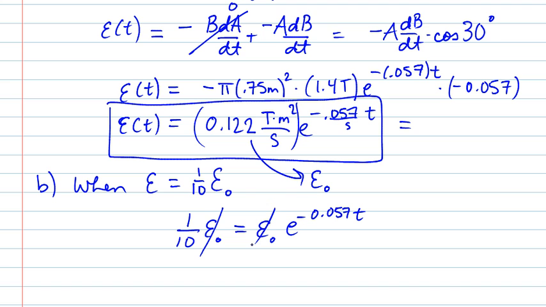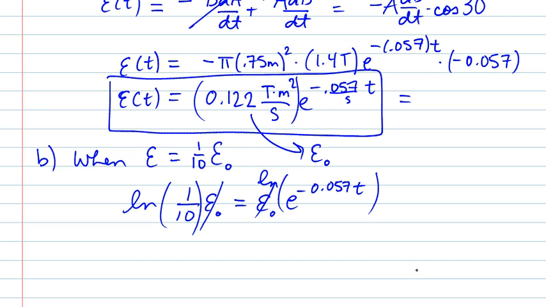So I'm going to multiply each side by 10, then take the natural log of each side. That'll get rid of my e. And anyways, a little bit of math later, we get a time of about 40.4 seconds.